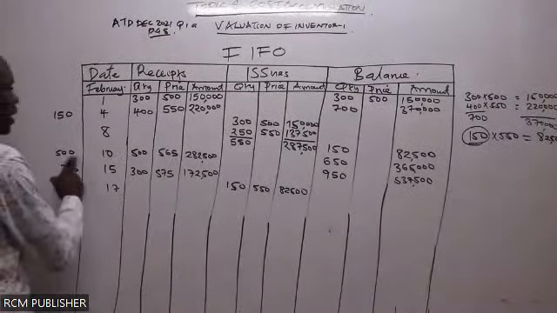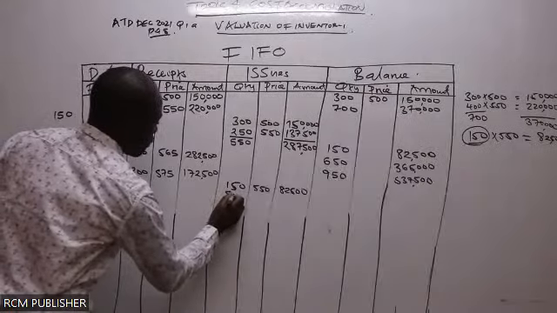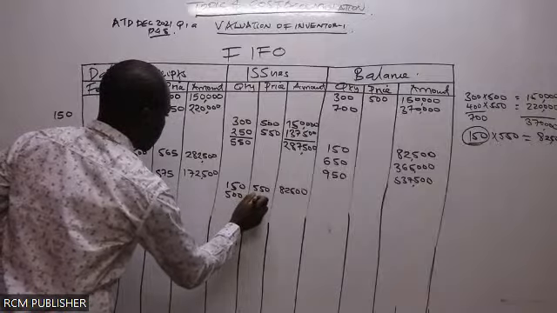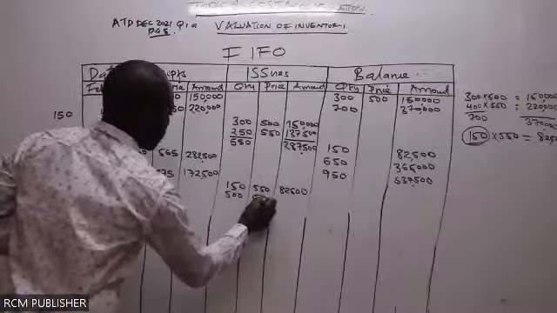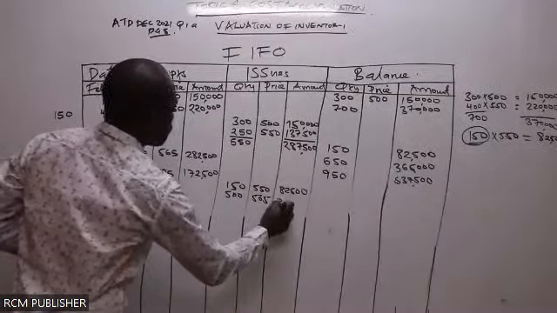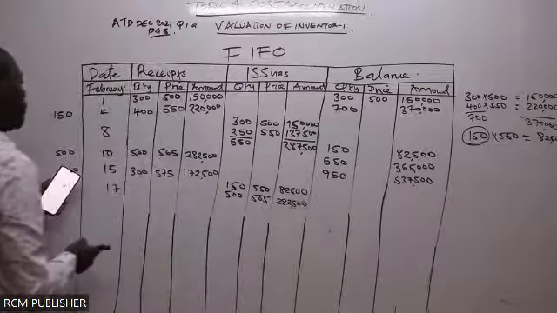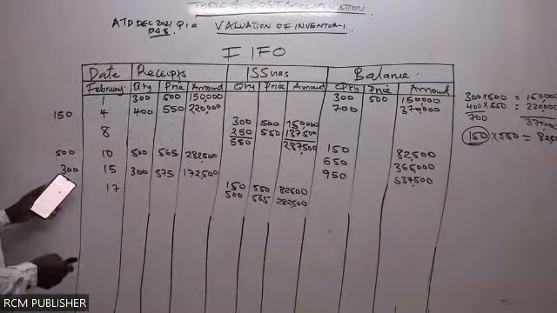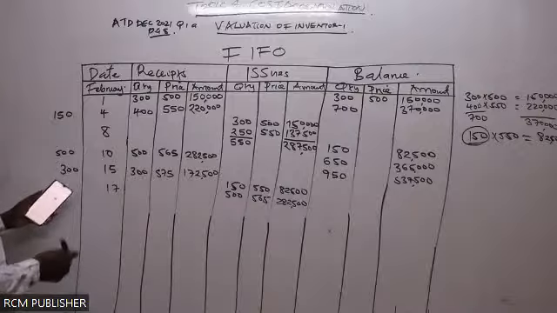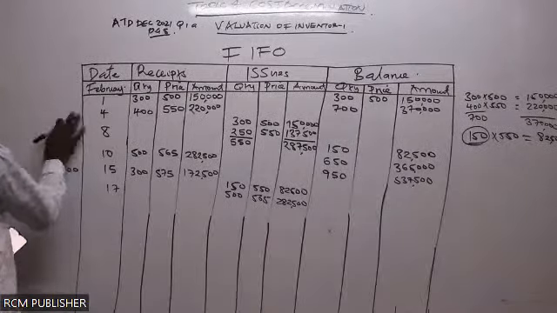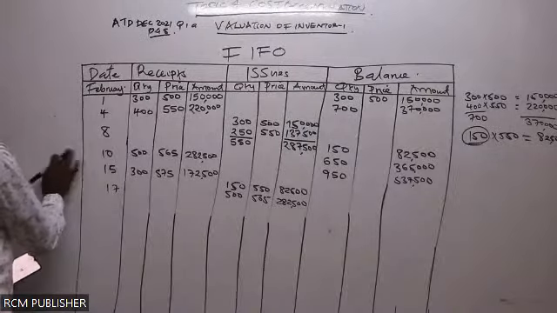I come to this one here, 500, that were brought in at 565. So the value is 282,500. I come to these goods that were brought in on 15th, because I've taken this one here, it is now not there. This one here has been consumed.